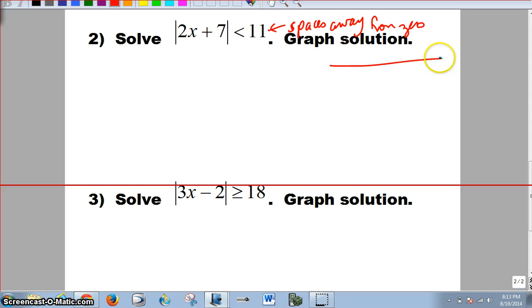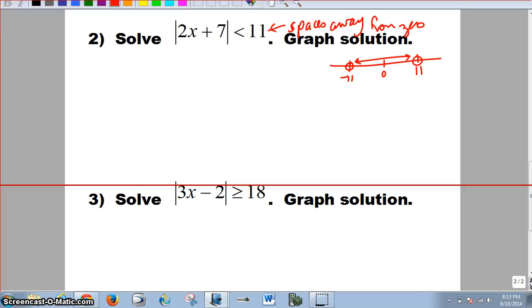Well, if we look at a number line, here's negative 11, here's 11. If I am less than 11 spaces away from 0, I am anywhere in between 11 and negative 11. Anywhere to the right of 11 would be greater than 11 spaces away from 0, and anywhere to the left of negative 11 would be more than 11 spaces away from 0.